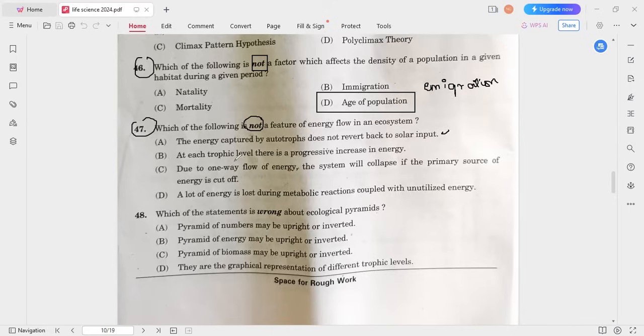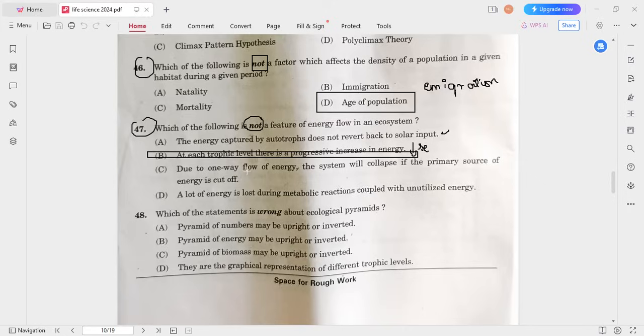So at each trophic level, there is a progressive increase in energy. No, here at each trophic level, progressive decrease in energy takes place, not increase. Okay, so that's why this one is the incorrect one, that is option B. So due to one-way flow of energy, the system will collapse if the primary source of energy is cut off.